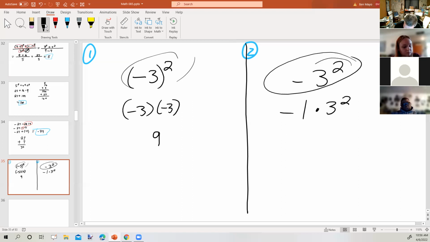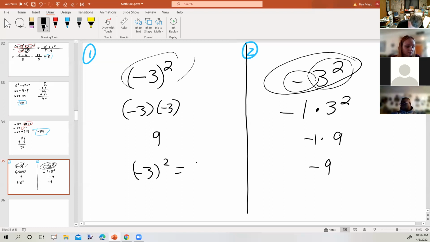So we do the exponent before the negative. So that's going to be what? 3 squared would be 9, and -1 times 9 is -9. So basically this equals 9, but this equals -9. Here, the negative sign is included in the squaring. Here, it is afterwards, after the squaring.